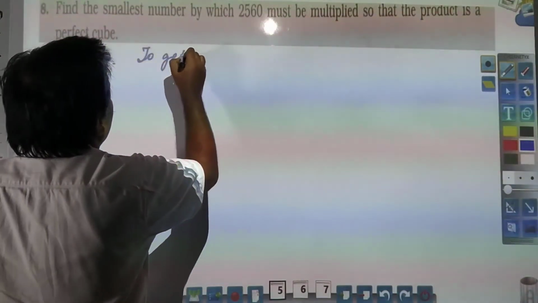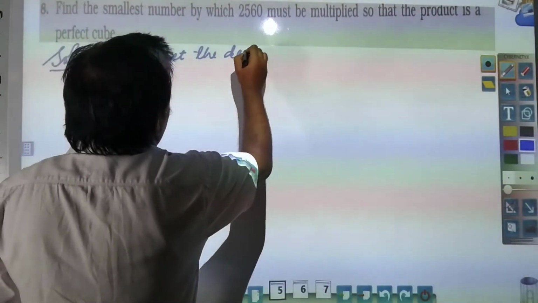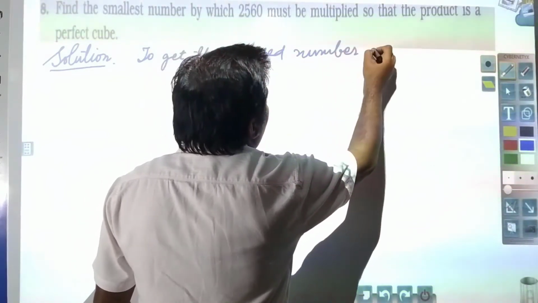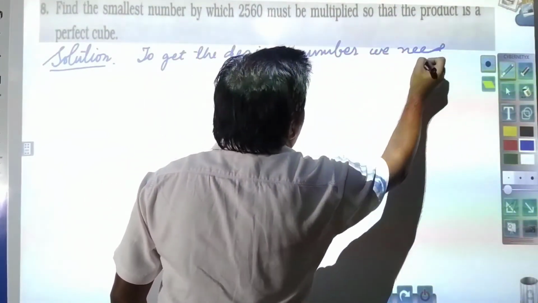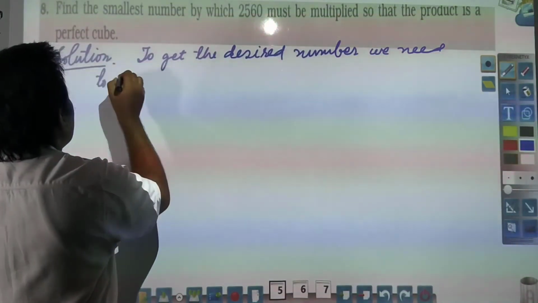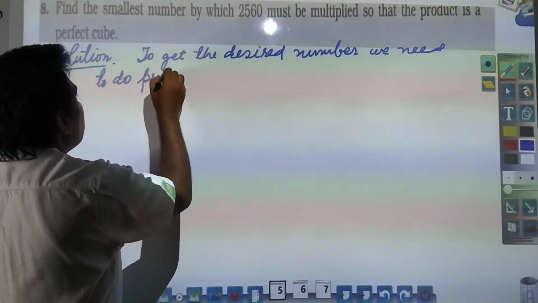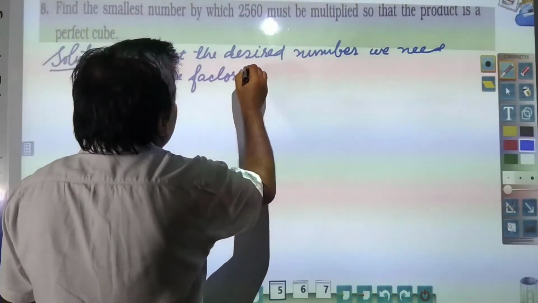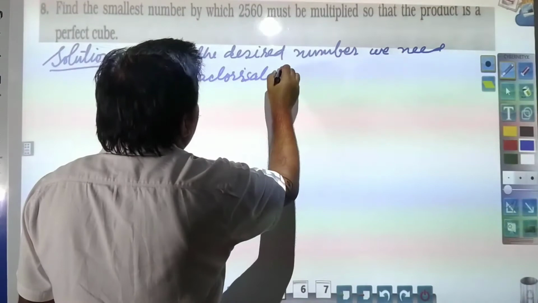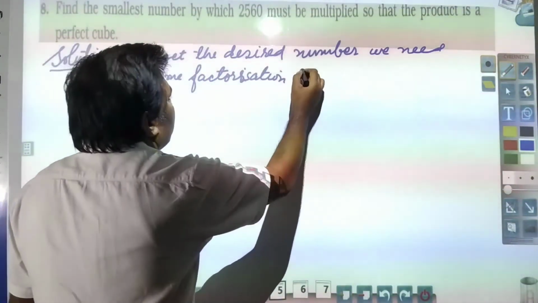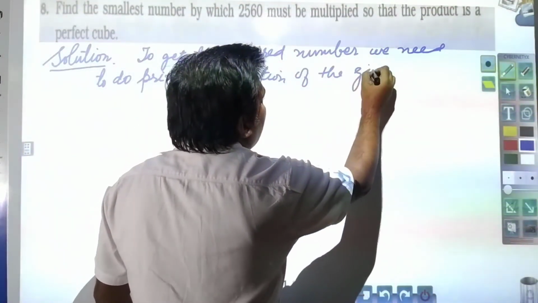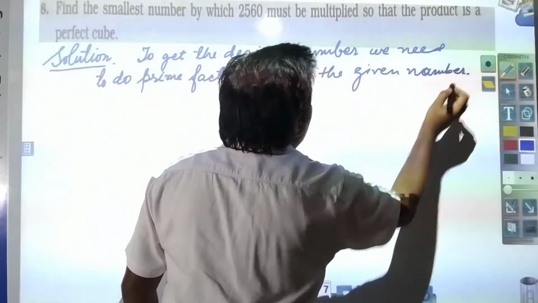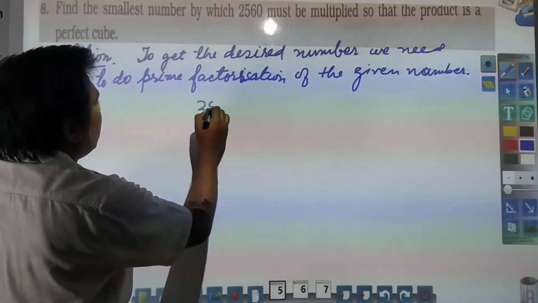To get the desired number, we need to do prime factorization of the given number. So your given number is 2560.